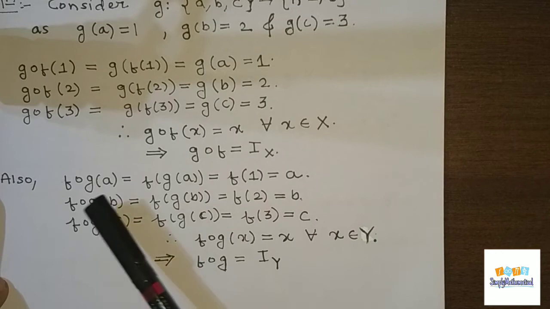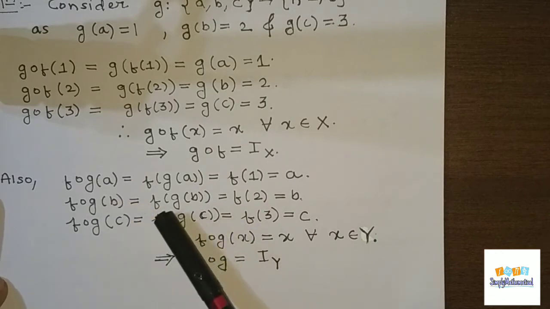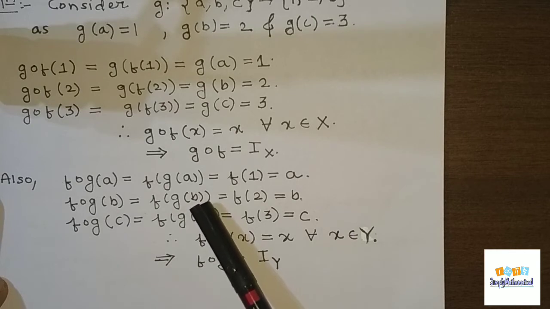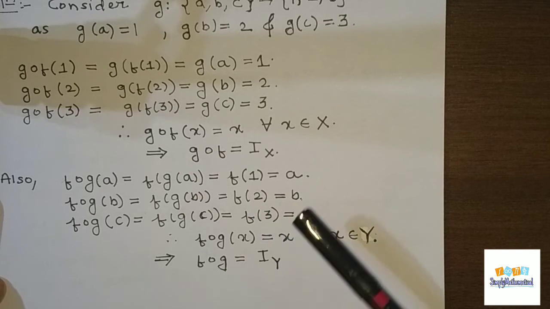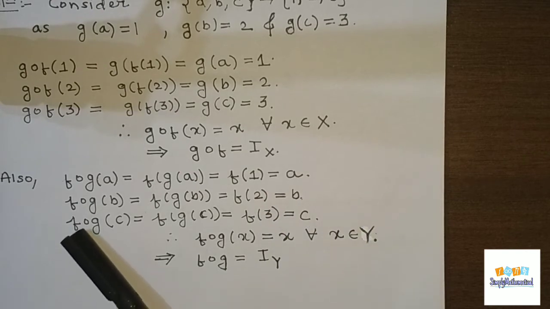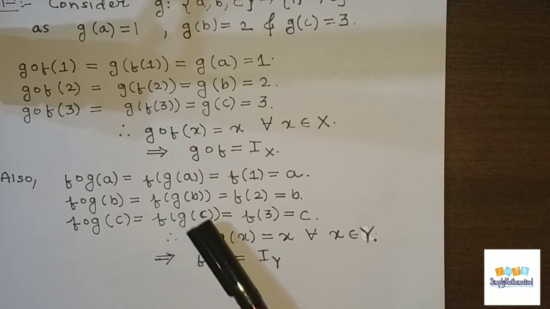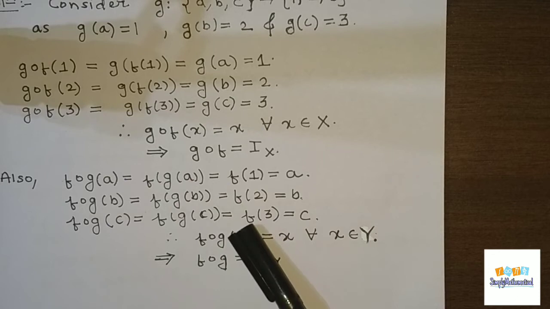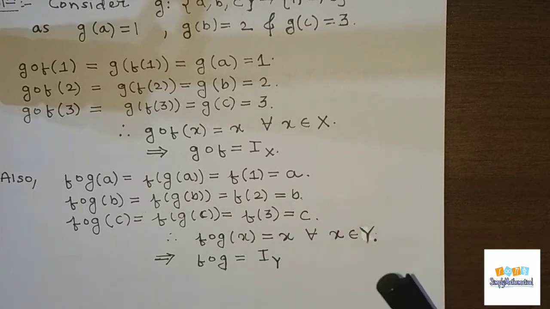Now f composition g of b is equal to f of g of b, which is equal to f of 2, which is equal to b. And similarly f composition g of c is equal to f of g of c, which is equal to f of 3, which is equal to c.